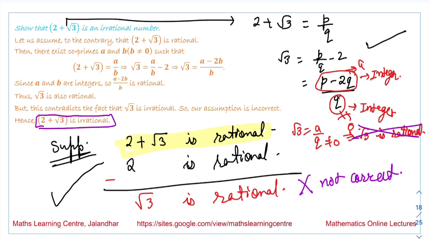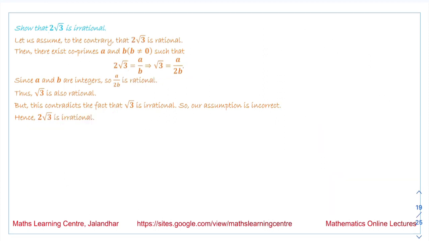Next is show that 2 root 3 is irrational. So suppose we are saying that 2 root 3 is rational. So it means there exist a and b such that 2 root 3 is equal to a by b. B is not equal to 0. HCF of a and b is 1. It is also written over here that they are co-prime. Co-prime means that HCF of a and b is equal to 1.